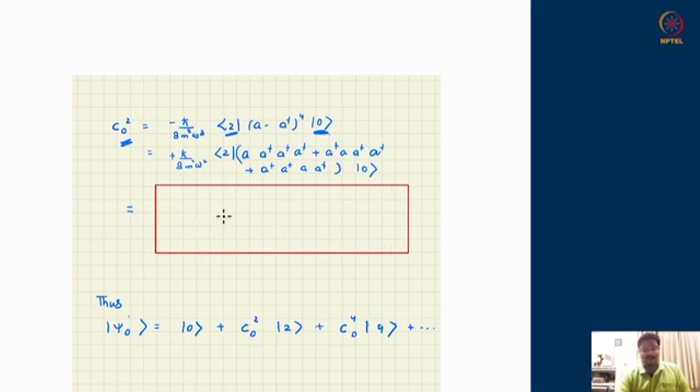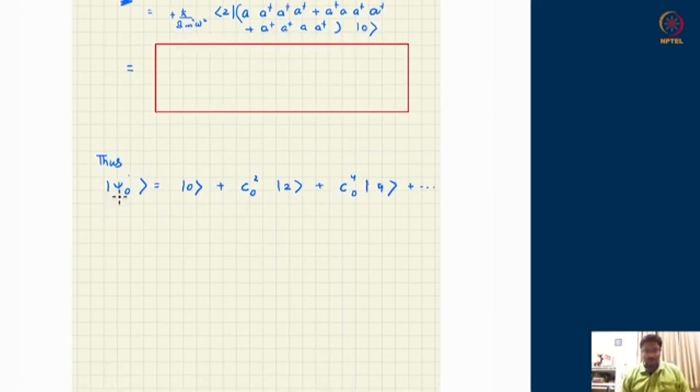So therefore, the new eigenfunction psi 0, the new ground state, is the previous ground state plus C_01 times state 1. It so happens that C_01 is 0, therefore no projection along the first excited state, but the second excited state comes in as a correction term.